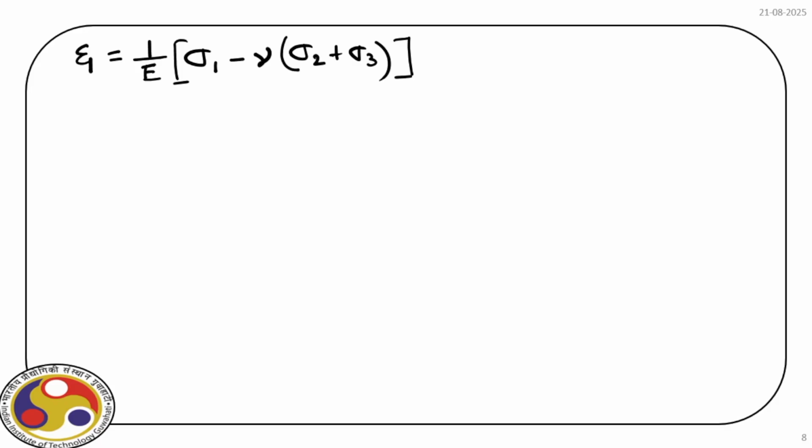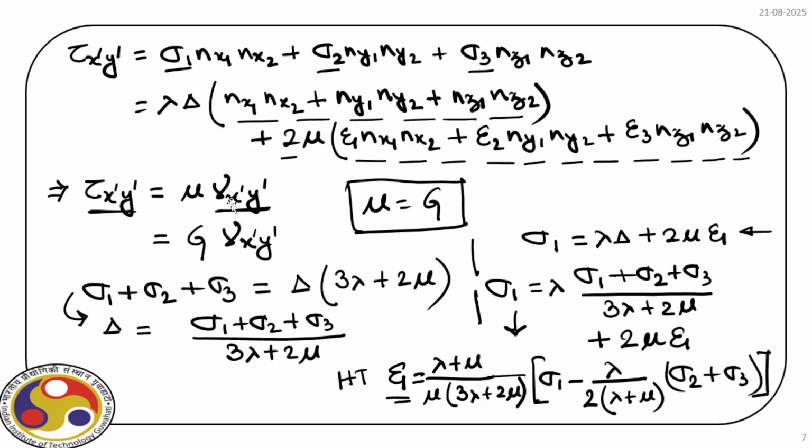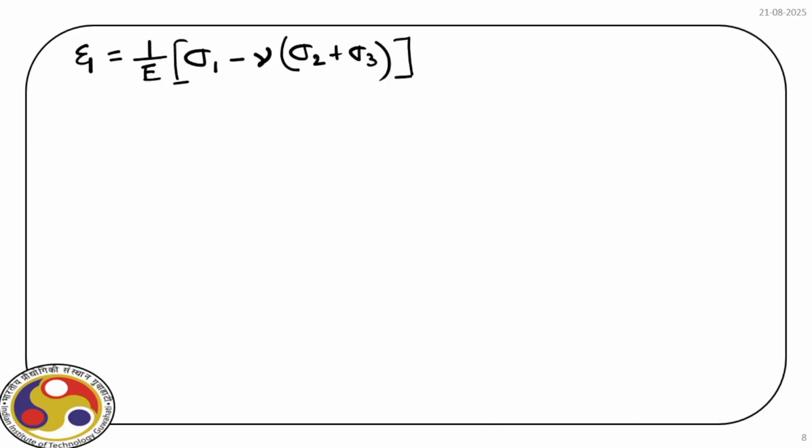Now if we compare this expression with the previous one, we can easily identify the expressions of Young's modulus and Poisson's ratio. So the expression of Young's modulus E is equal to mu times 3 lambda plus 2 mu divided by lambda plus mu.